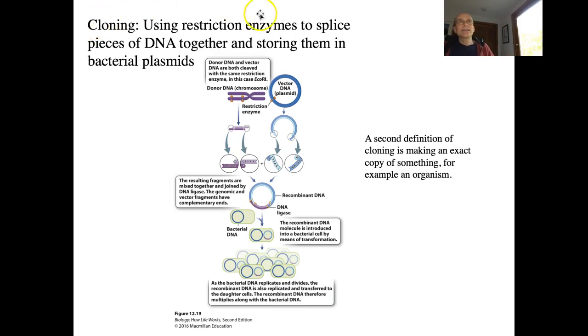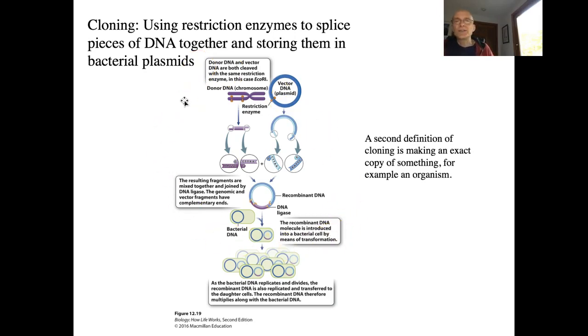So I say here that what cloning means for a geneticist is using restriction enzymes to splice pieces of DNA together and then to store them in bacterial plasmids and have the bacterial plasmids make tons of that copy. That's the process that's described here. I'll walk you through that in a second.